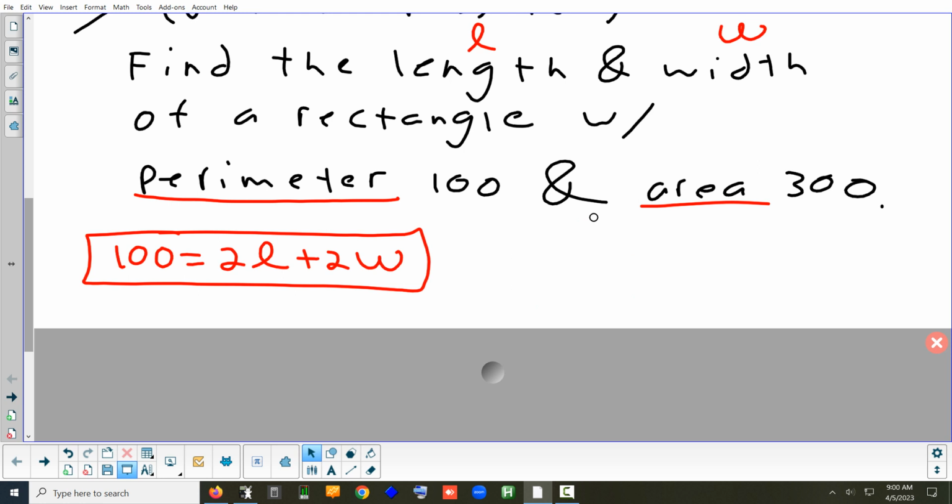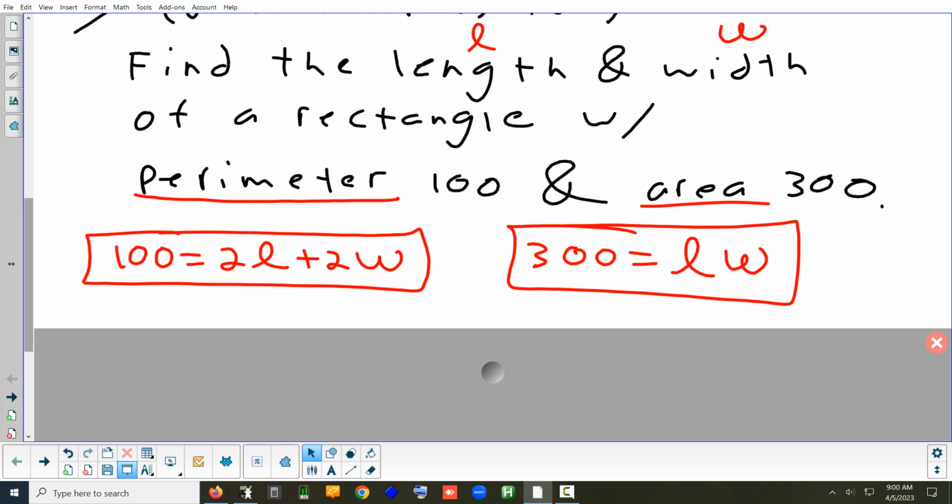But what's going to narrow this down is the fact that the area also has to be 300. So what's the formula for area of a rectangle? Length times width. And what do we know that our area is equal to? Yeah, 300. So there's the two formulas that they wanted us to set up. Any questions on how we set those up?